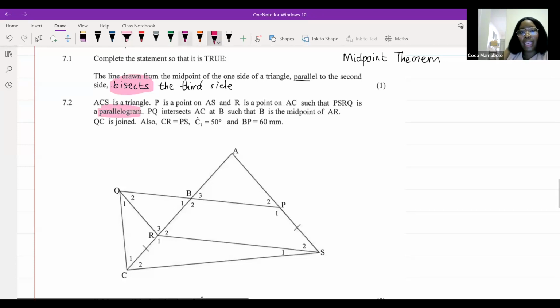It says here PS, RQ. Okay. So before we even continue, what do we know? PS is equal to which other side? Thank you, Naledi. PS is equal to QR.